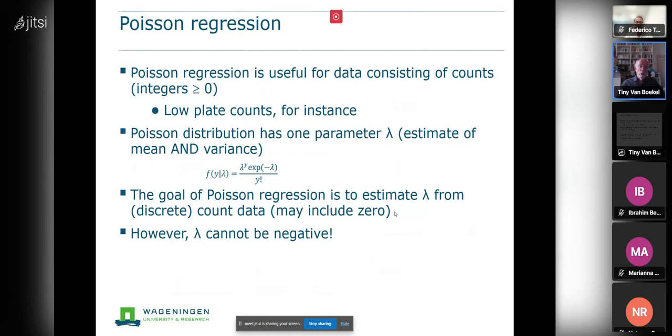Well, the Poisson distribution has only one parameter, which estimates both the mean and the variance. And if we change from a normal distribution to a Poisson distribution, the goal remains the same. We want to estimate this lambda, this parameter, from the count data. And the big advantage of Poisson is that you can also include zero observations. But the downside is you have to make sure that the parameter lambda cannot be negative.